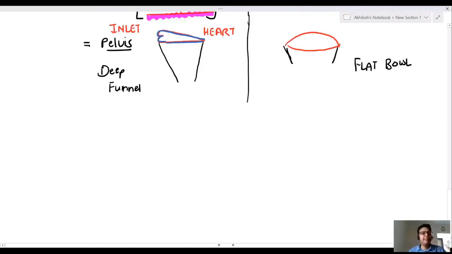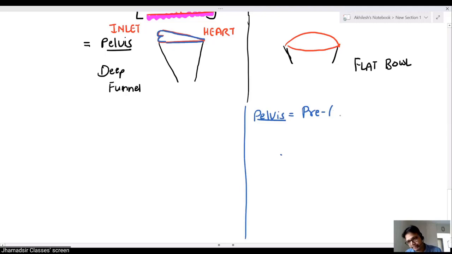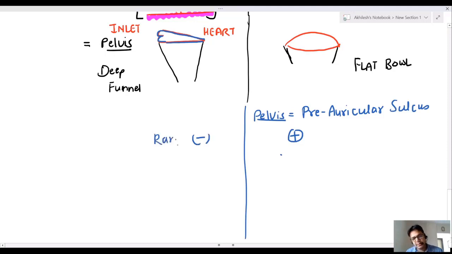Okay, ये तो मैंने male prominent thing बताई. Now I will discuss what are the things which are prominent in female. Pelvis bone has preauricular sulcus present in female, absent or very rare in male, that is prominent in female.